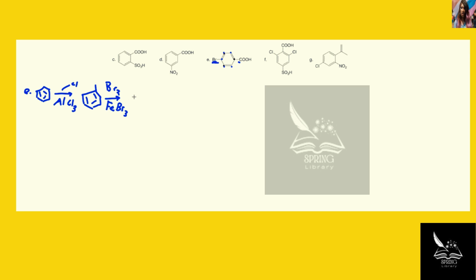Remember, this is going to be both ortho and para substituted. So we'll have one isomer with the ortho and one with the para. And then I'll take my para and I'll oxidize the methyl group fully using KMnO4 to gain my carboxylic acid.